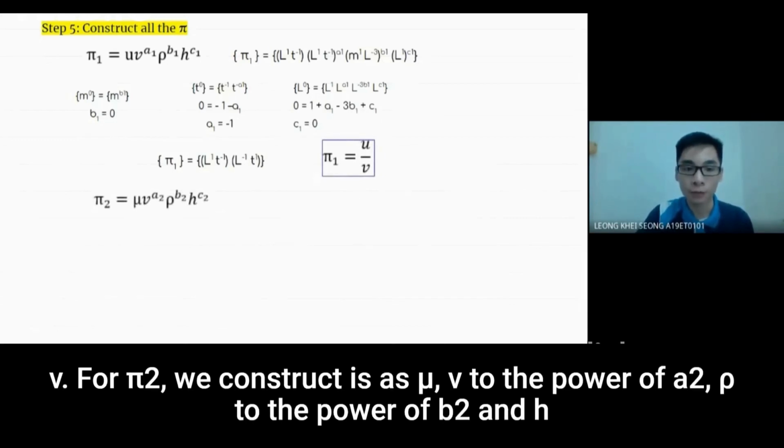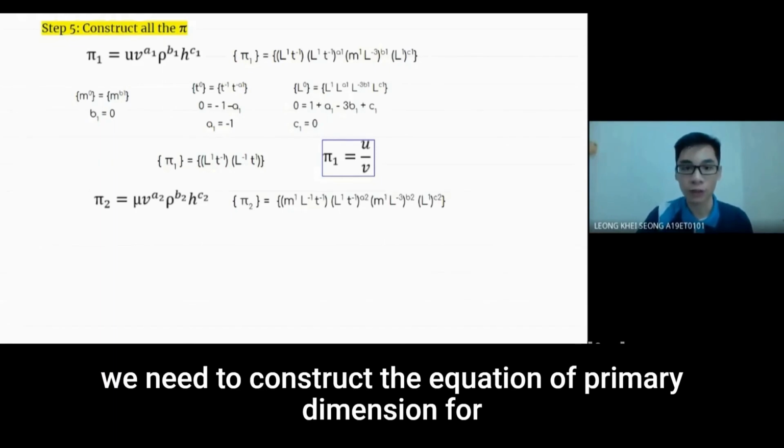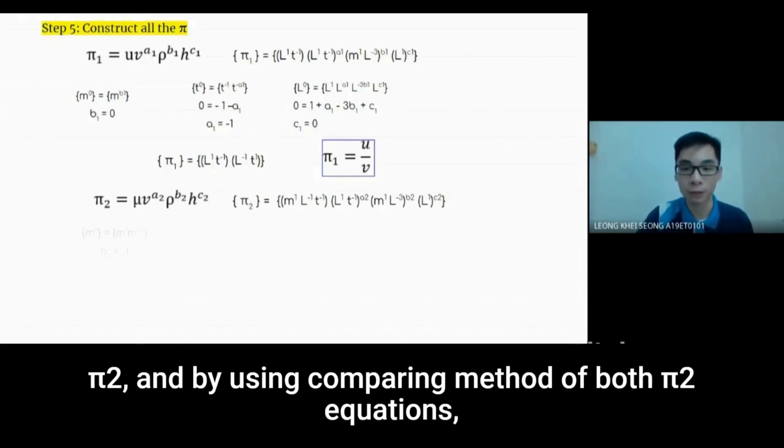For pi 2, we construct it as mu V to the power of a2, rho to the power of b2, and h to the power of c2. By using the same method, we need to construct the equation of primary dimension for pi 2.